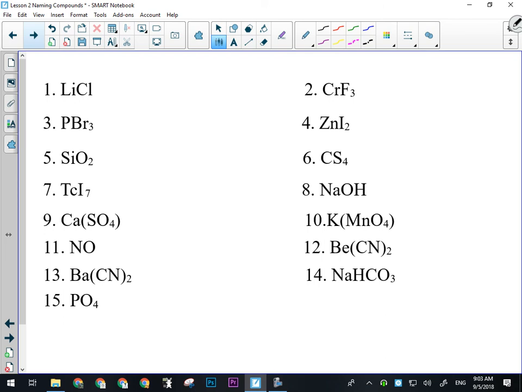Some of them are ionic. Some of them are ionic and need a Roman numeral because they have a multivalent metal. Some of them have a polyatomic ion. Some of them are just molecular. So I want you guys to try those ones, see if you apply all the right rules. When we're doing this, the first step is identify: is it ionic or is it molecular? And then apply the proper rules after that. Okay, I'll give you a few minutes on that one.